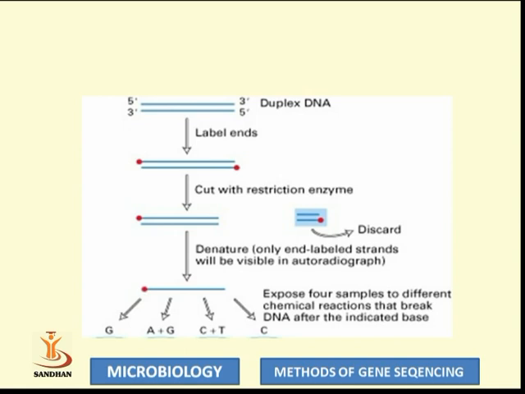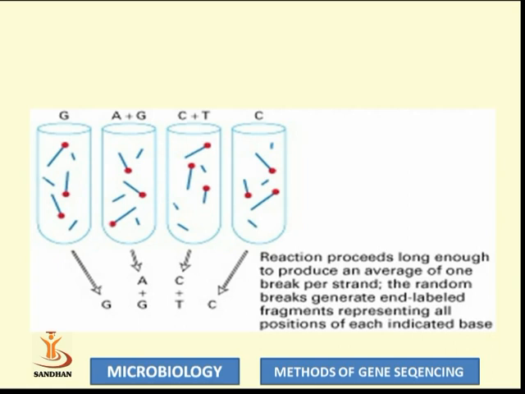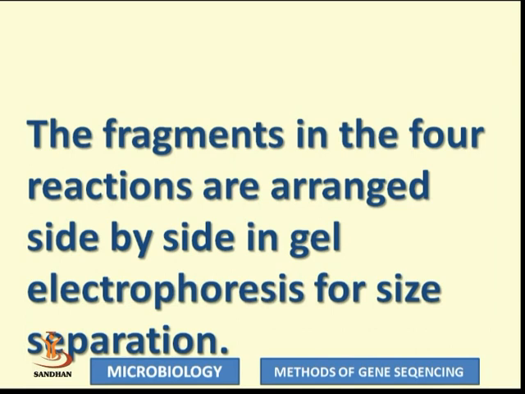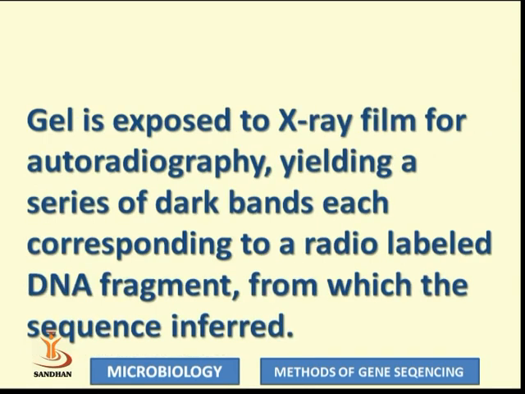Now whatever fragments are generated would go through the next part of the process as they are radiolabeled. Then with the help of gel electrophoresis we can go for size separation. When we run the gel electrophoresis, due to the presence of radioactivity, all the fragments will be detected in the autoradiography and separated according to size.